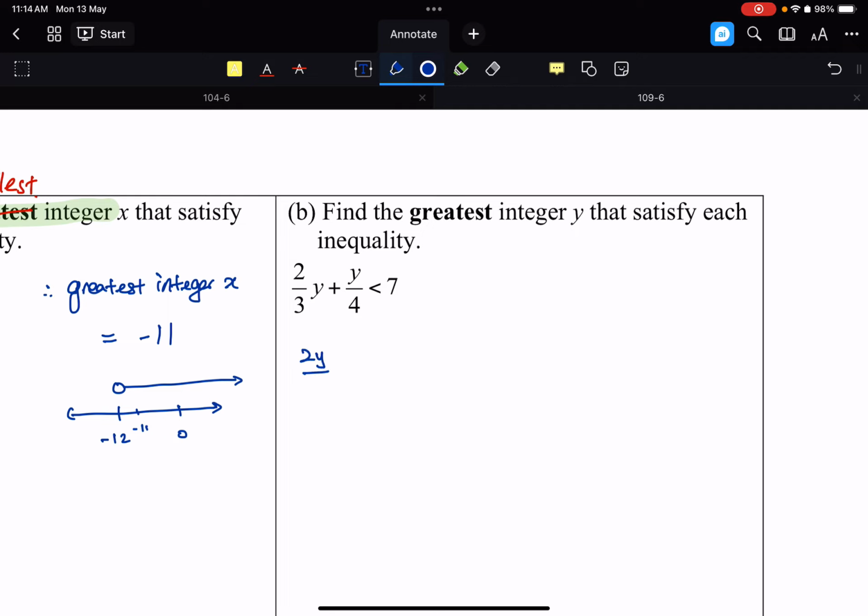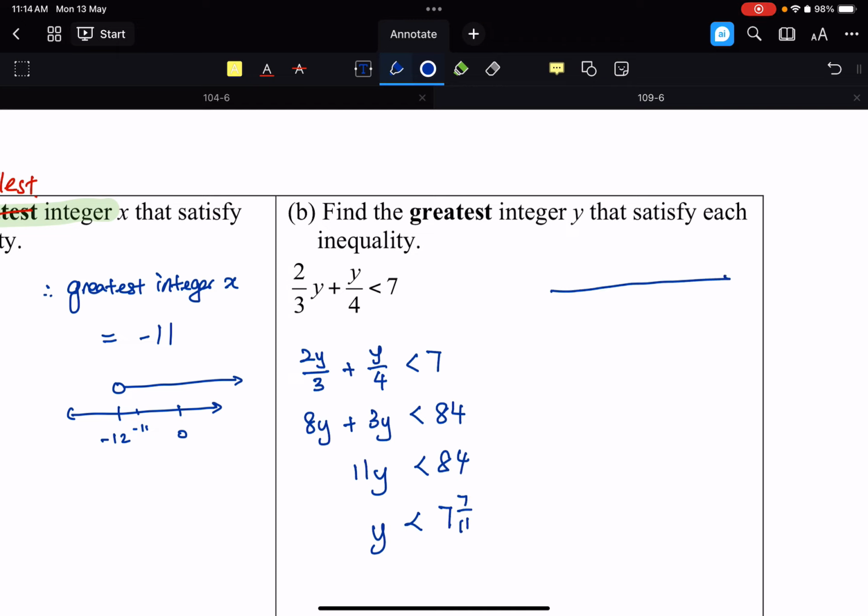This is 2y over 3 plus y over 4 less than 7. Now what I can do here is multiply by 12 throughout. So that will give us 8y plus 3y is going to be 84. Okay? So 11y less than 84. Y is less than 7 and 7 over 11.